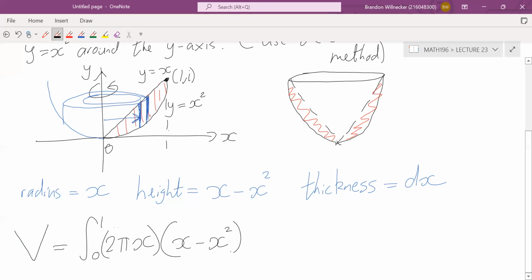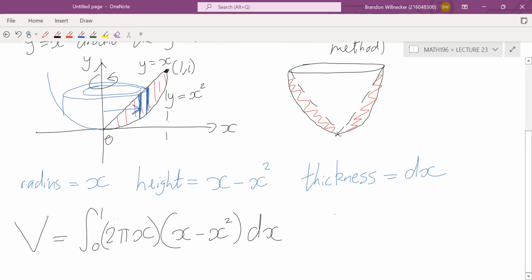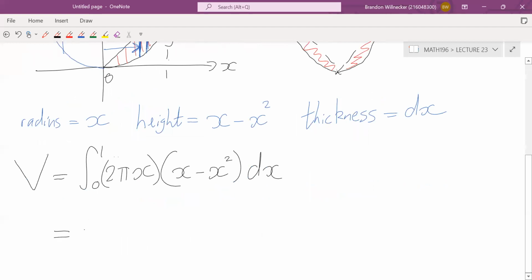And then the thickness is dx. We multiply everything together, and that gives us the volume of one of the cylinders. We integrate it all up, and that gives us the total volume of the shape. So this is going to be 2 pi, integral from 0 to 1, x times x minus x squared dx.